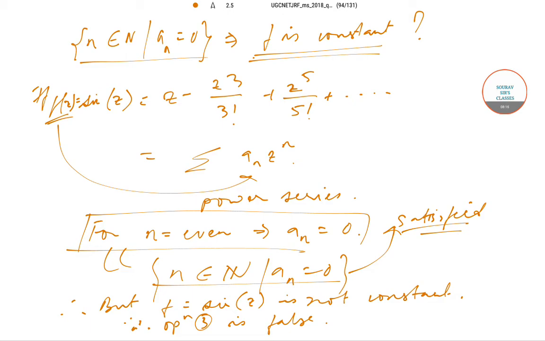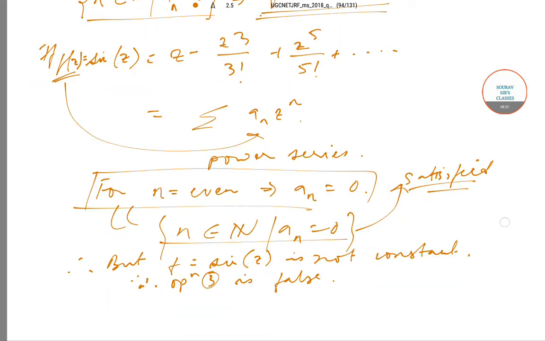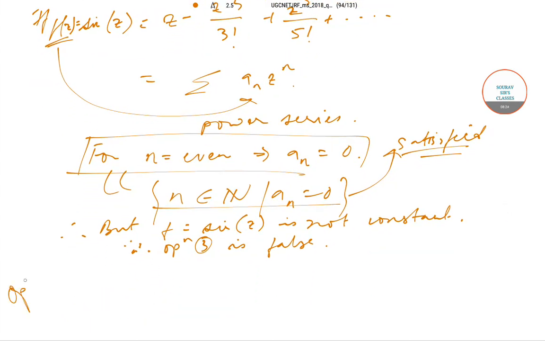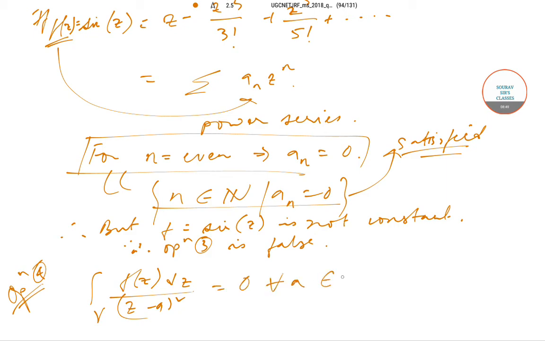Let's go for option 4. Now in option 4 it has been said that the integration of f(z) dz by (z minus a) whole square over the closed curve gamma in D is equal to 0 for all a which belongs to D and mod of a is greater than or equal to half.